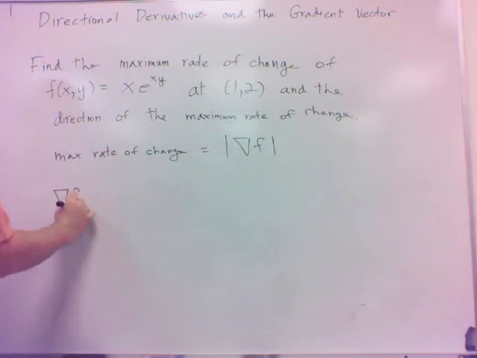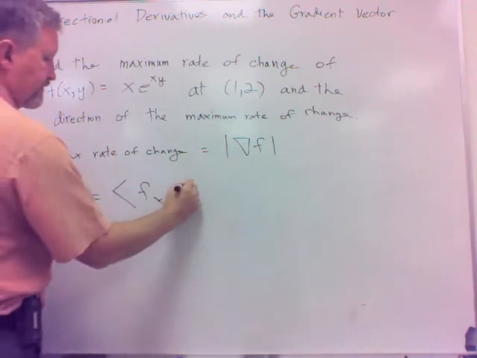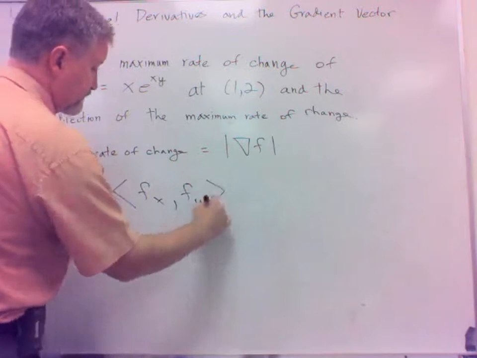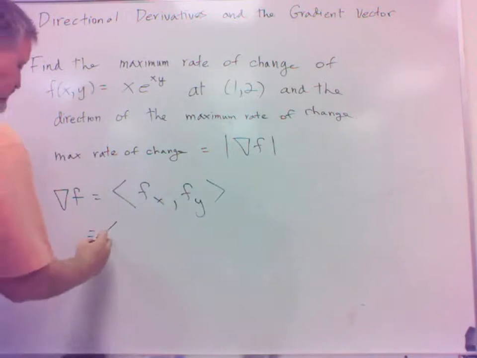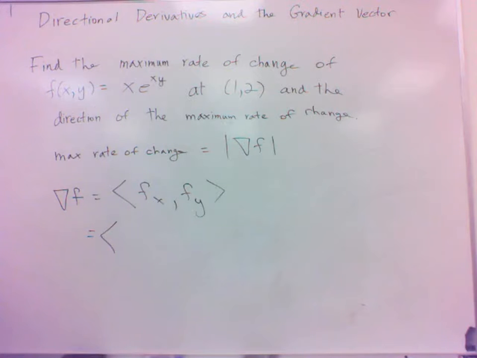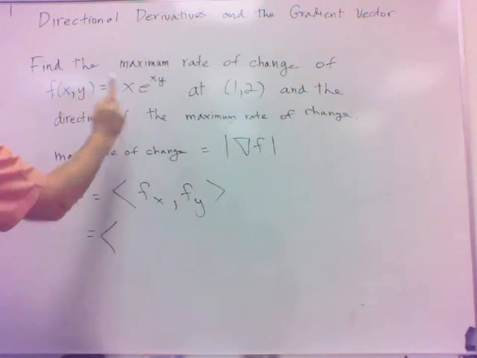And so the gradient is what? It's the partial of f with respect to x, partial of f with respect to y. So what is that here? Partial with respect to x, we've got a product, so we need the product rule.